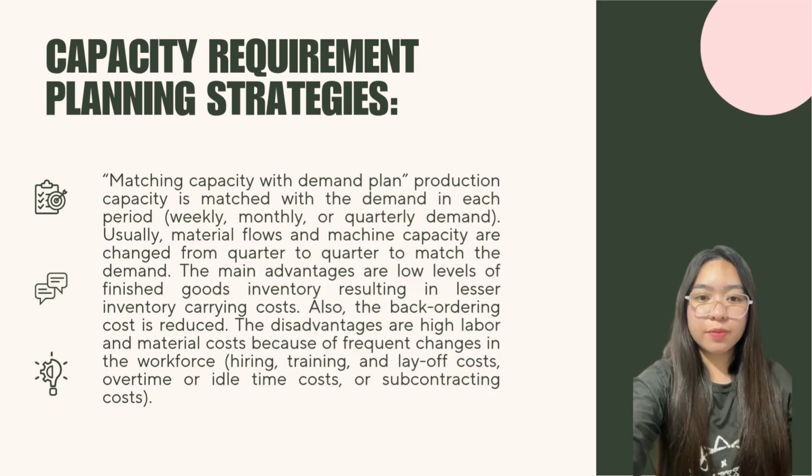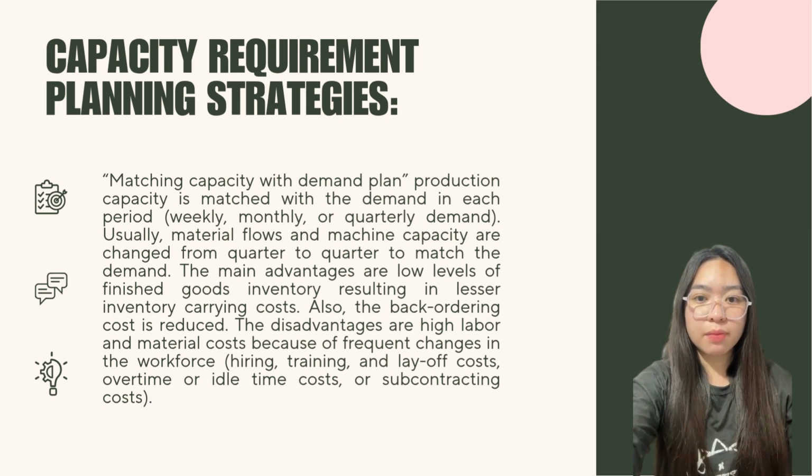Now let's move on to matching capacities with demand plan. Production capacity is matched with the demand each period, weekly, monthly, or quarterly demand. Usually, material flows and machine capacity are changed from quarter to quarter to match the demand. The main advantage is low levels of finished goods inventory, resulting in lesser inventory carrying cost.